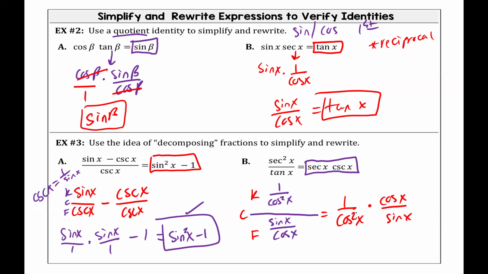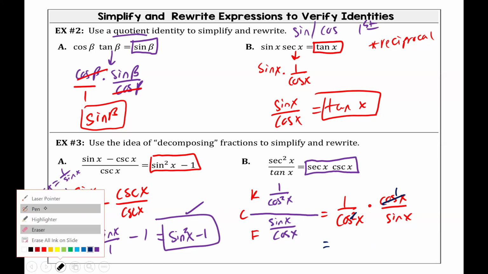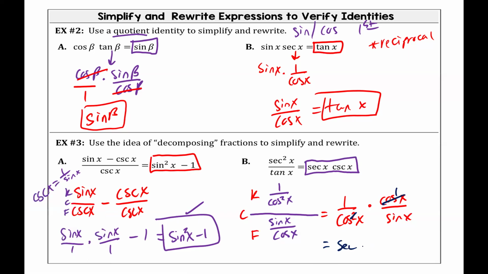So this one loses 1, this one becomes a 1. So we're just simply left with 1 over cosine. What is 1 over cosine? And what's 1 over sine x? Did we prove it? We did.